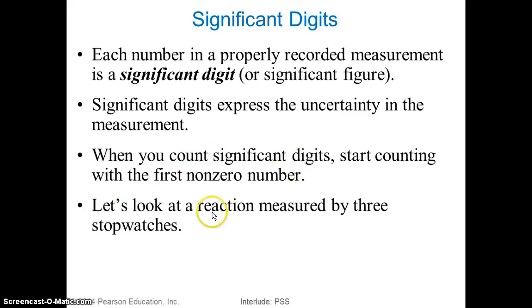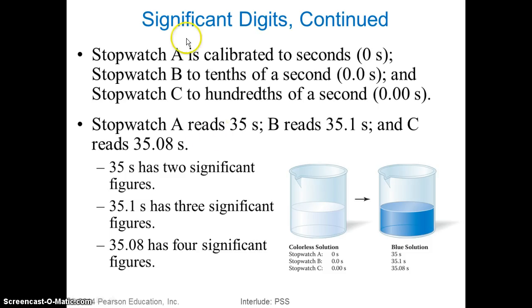Now let's look at a reaction measured by 3 stopwatches. Stopwatch A is calibrated to seconds, 0. Stopwatch B to a tenth of a second, which is 0.0 second, and stopwatch C to hundredths of a second, 0.00 second.